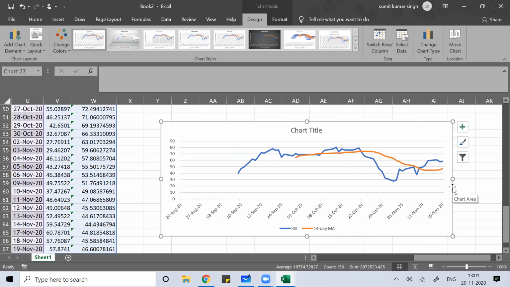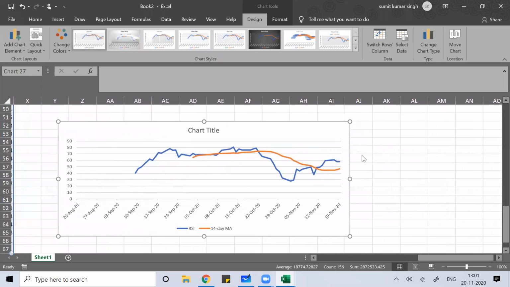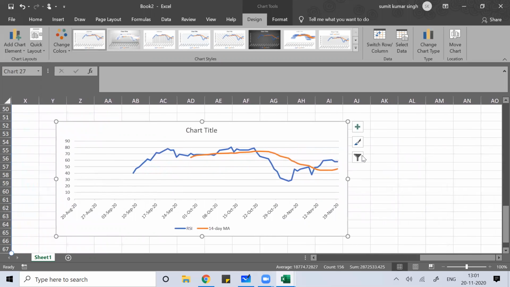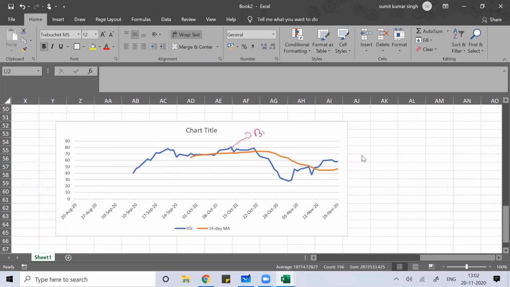This 14-day moving average is in orange color and the RSI value is in blue color. If you have basic knowledge about moving averages, you can easily understand. If this blue line is above the orange line, it means it is a bullish condition. This all is a bullish condition.